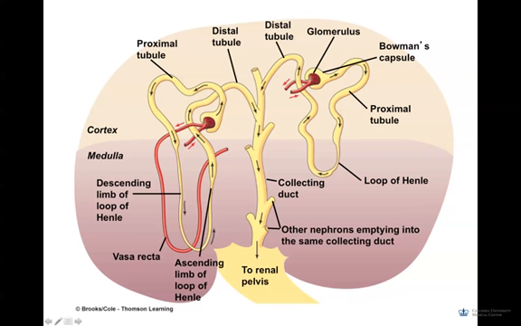Those collecting ducts, as they move through the medulla, can use this osmotic gradient to vary the concentration of urine. So the long loops of Henle of the juxtamedullary nephrons establish the gradient, and the collecting ducts of all the nephrons use the gradient to vary the concentration of water.